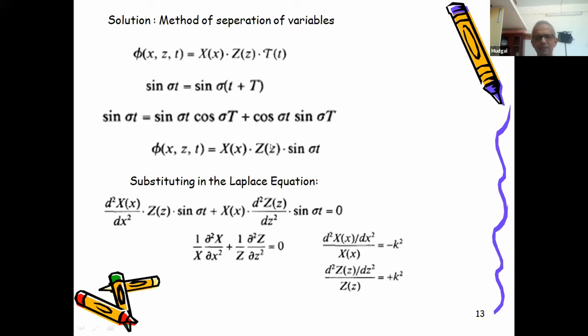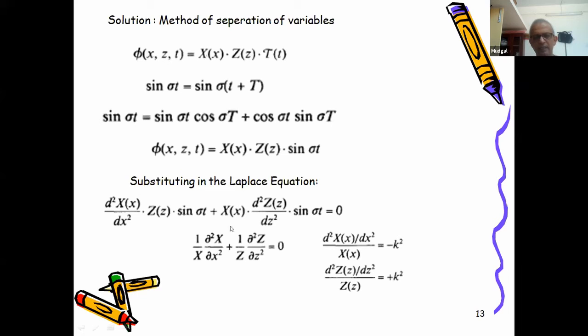Now take this and substitute in the Laplace equation, that is, del square phi by del x square plus del square phi by del z square is equal to 0. When you substitute, you get del square by del x square of X into Z sine sigma t plus X del square by del z square of Z into sine sigma t equal to 0.